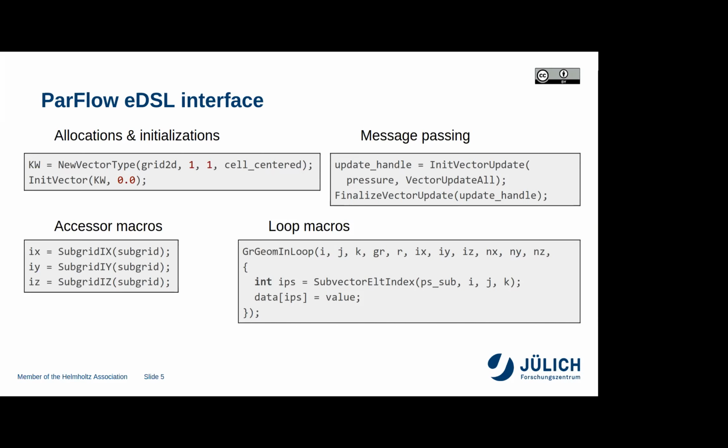In ParFlow, these are accessed using C preprocessor macros, such that different architectures, or more precisely, accelerator programming models, use the same interface but separate macro definitions, so that we choose which macros we want to use at compile time, depending on the desired architecture for which we compile.